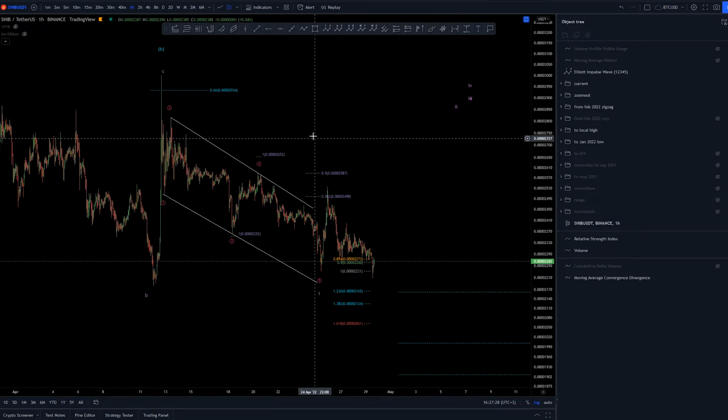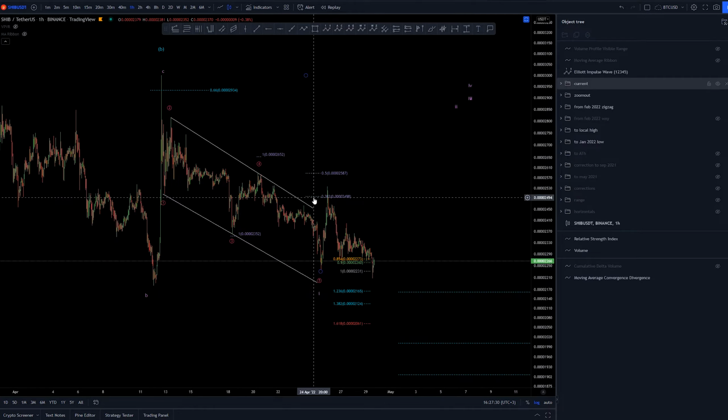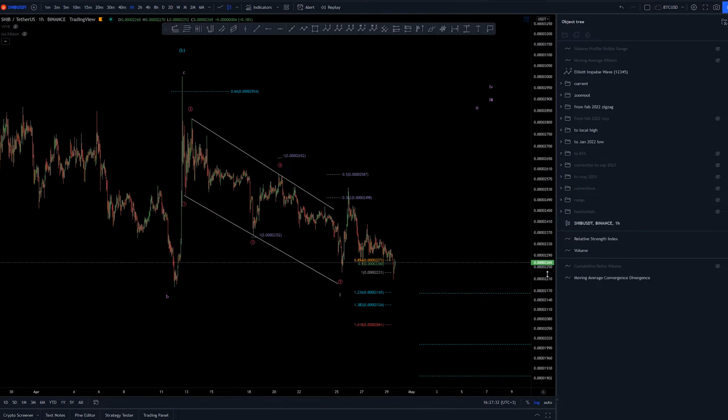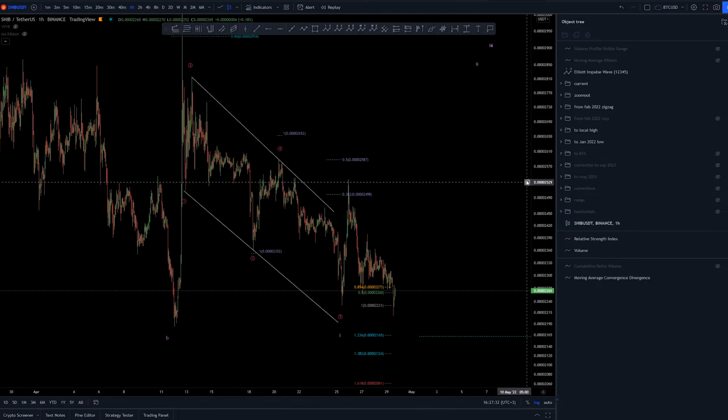Well, currently looks like we only retraced around 38.2% of the structure, so I wouldn't be surprised if we see another pump up here, creating some kind of A, B and C. The first leg here looks like a three-wave move.